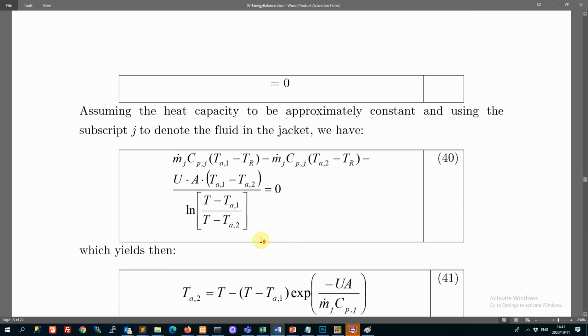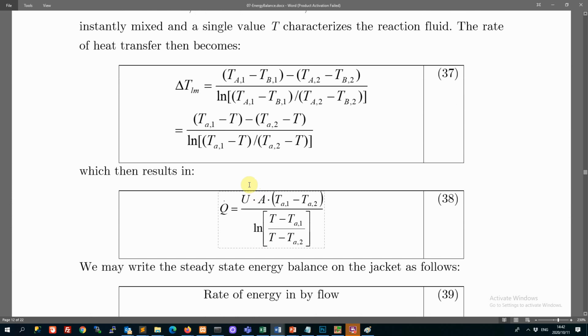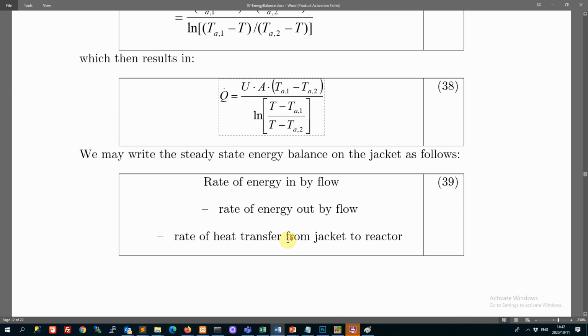So that's another thing. Now, when you look at this, you say this is still fairly complicated. I've got 3 temperatures here: my jacket temperature in, my jacket temperature out, and my reactor temperature. So this is still looking too complicated for me.